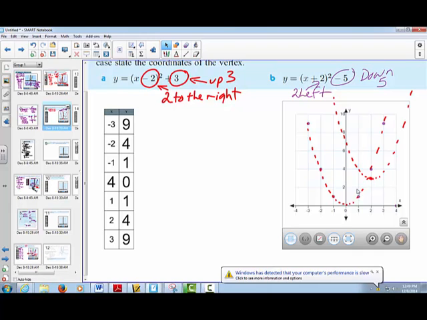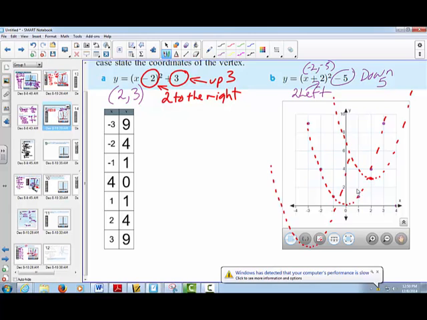It's at 9 now, so we know it has to be at 4. Right there. Something like that. The new vertex for this one is going to be -2, -5. The new vertex here is going to be 2 and 3.